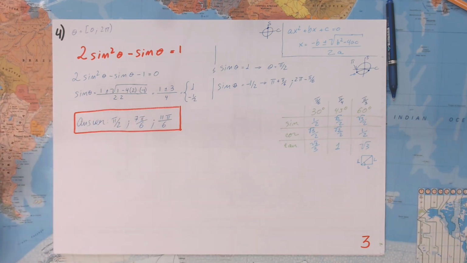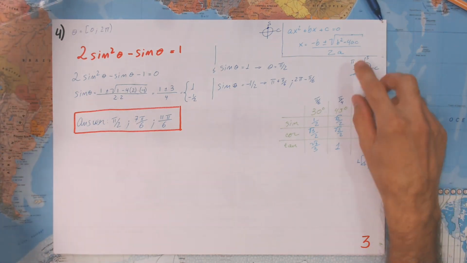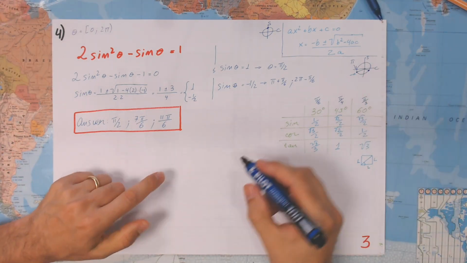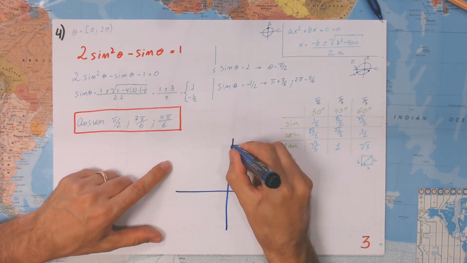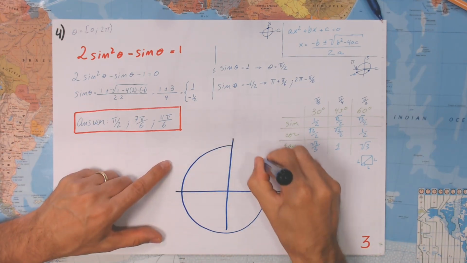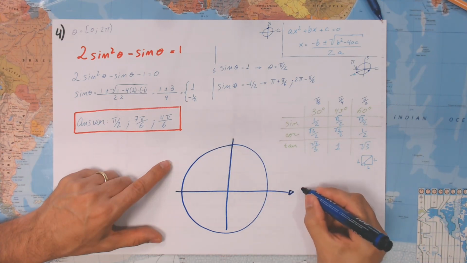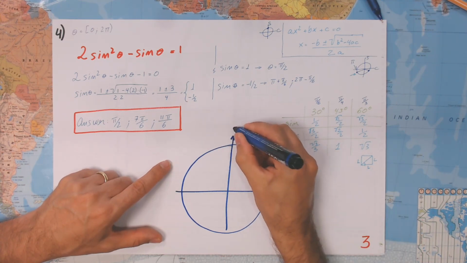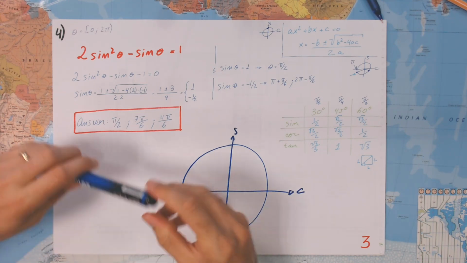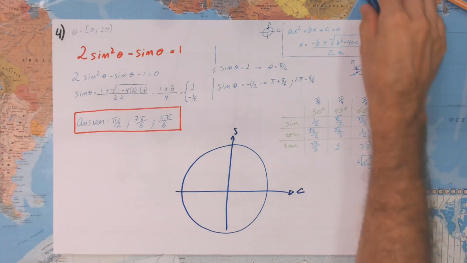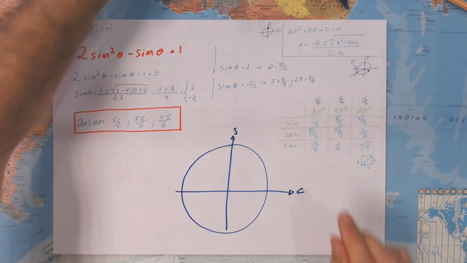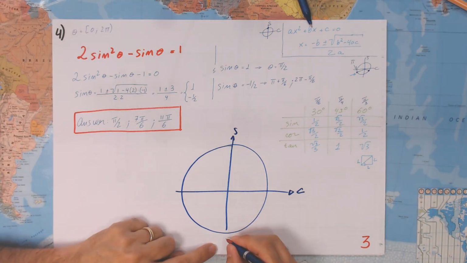Okay? In case it's not clear, because it was too tiny in here, let me make a big one in here. Let's make a very big picture of what is going on. This is the cosine, okay? This is the sine. Now, we are looking for when the sine is half. So we are looking exactly in here. This is minus 1.